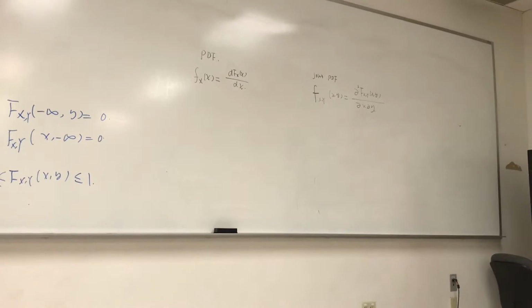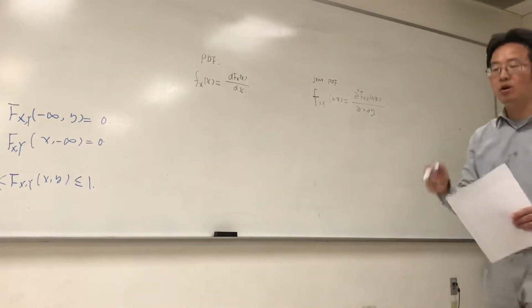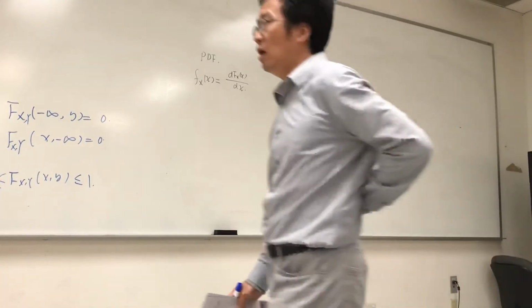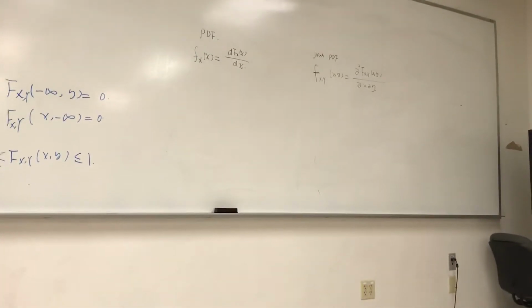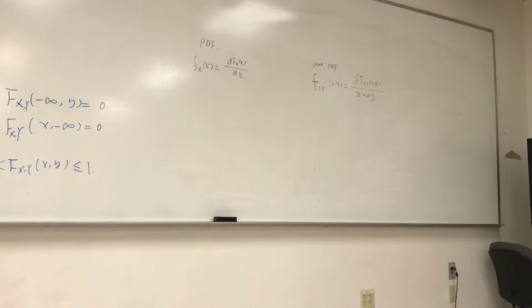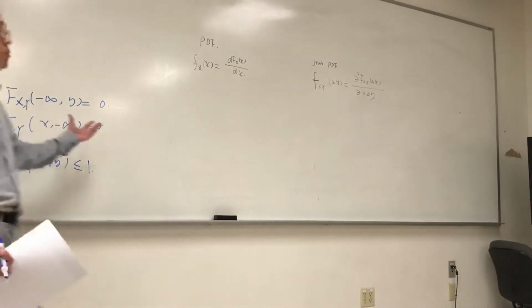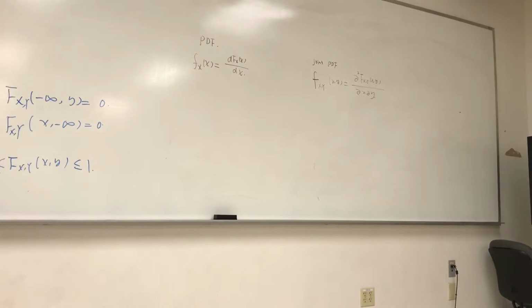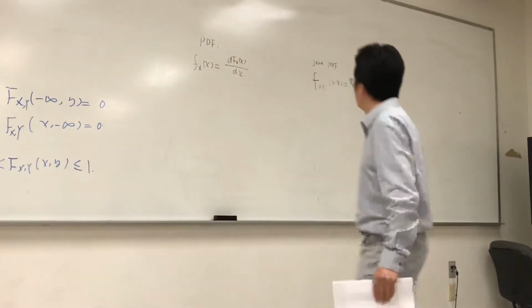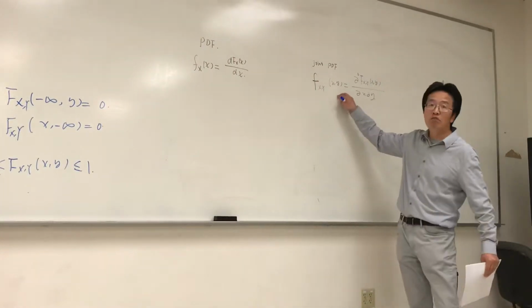Also remember we talked about how we can derive the CDF for one single random variable. Of course, we can still do so with two random variables, but the calculation will be much more messy. So we're not going to spend so much time on this process. Instead, we're going to focus only on the PDF most of the time.